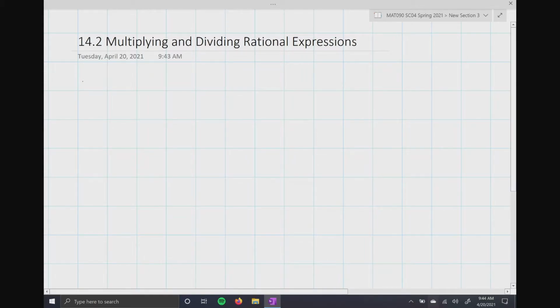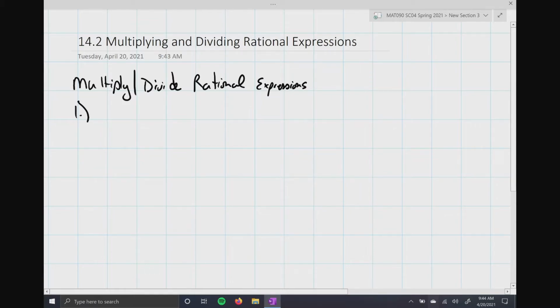All right, so step 1. Better yet, let me write this. Multiply/divide rational expressions. Step 1, you're going to rewrite if needed.